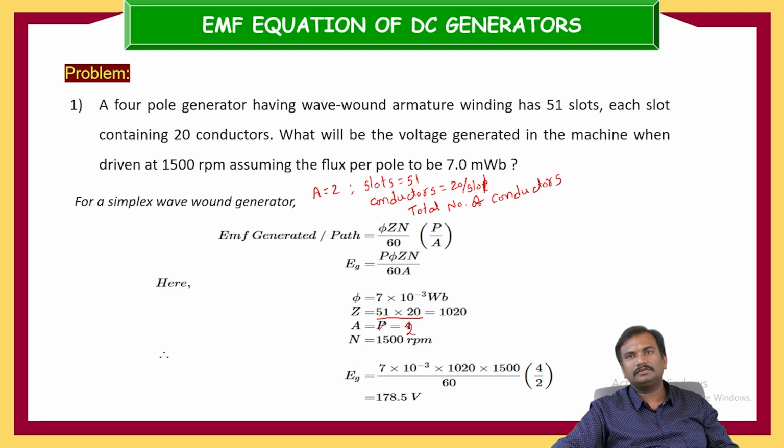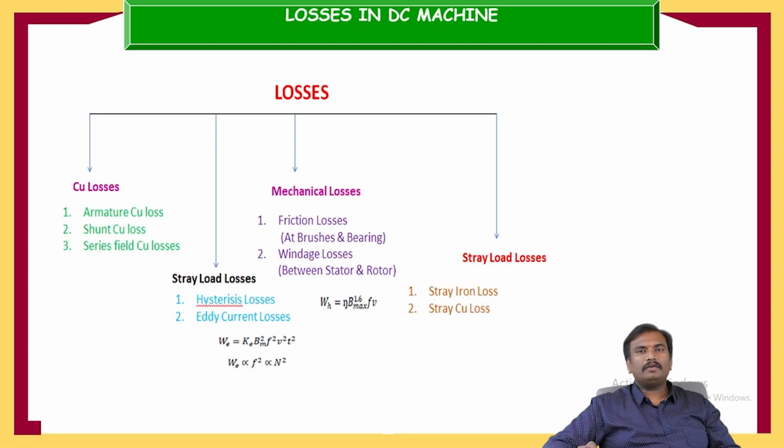So N is 1500 rpm, 7 into 10 power minus 3 flux, into number of conductors 1020, into 1500/60, into number of poles 4, divided by number of parallel paths 2, which is equal to 178.5 volts.